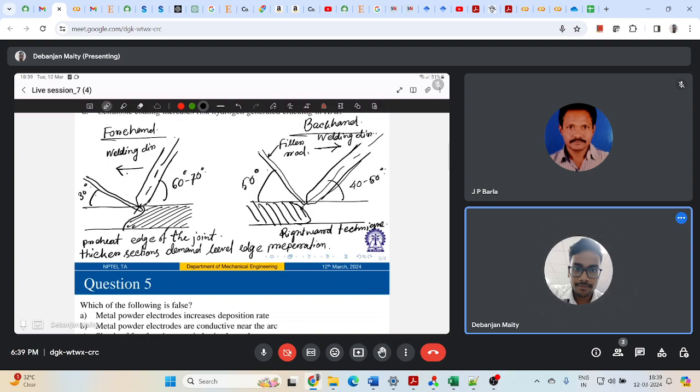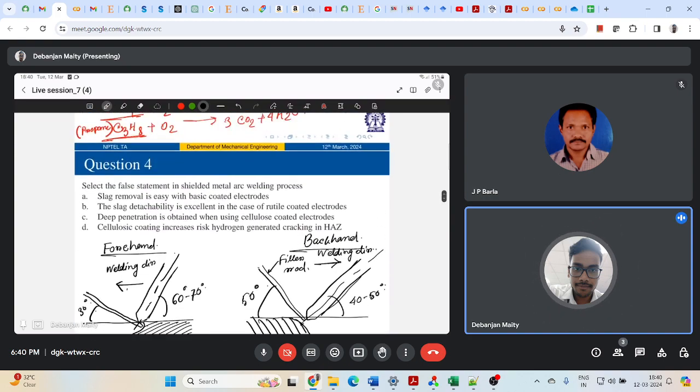And if the material is too thick, more than 6 mm, it is very difficult to obtain even penetration at the bottom of that V, and the quality decreases as the plate thickness increases in forehand welding, which is not the case for backhand. So backhand is mainly used for thicker sections, forehand is mainly used for thinner sections, right?